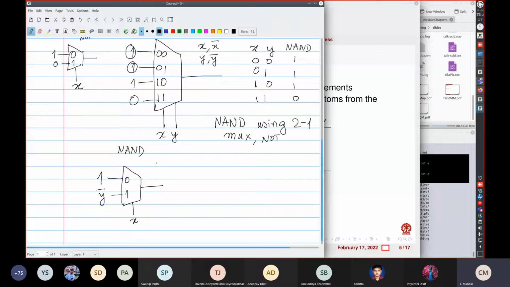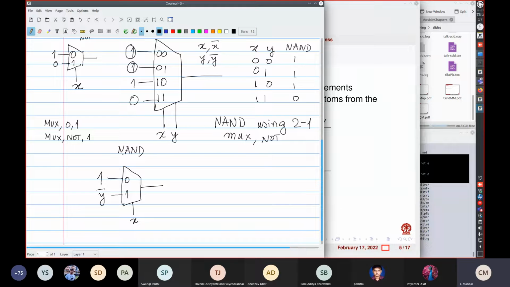So, strictly speaking, with a mux, 0, 1, and not, this is functionally complete. As you can see, with the mux and not and 1, this way you can realize NAND.